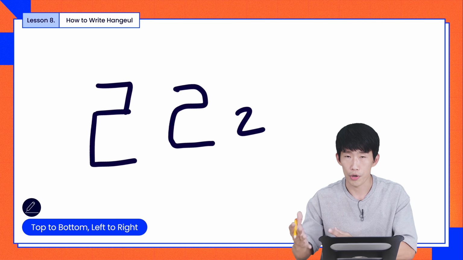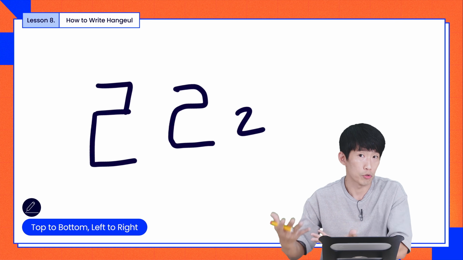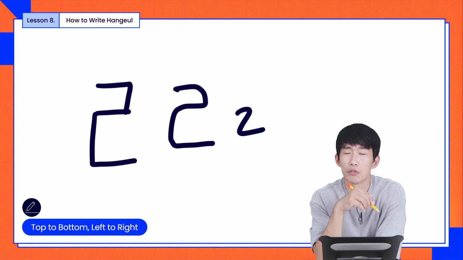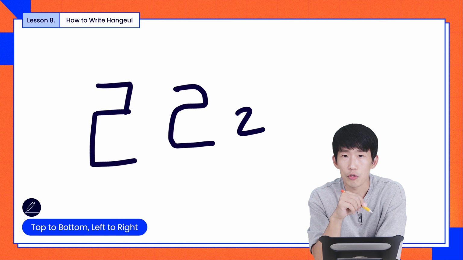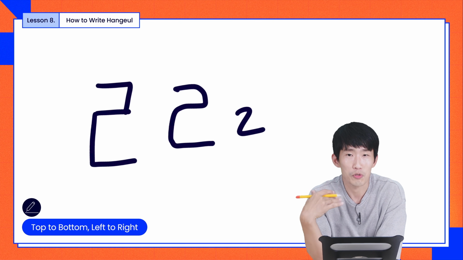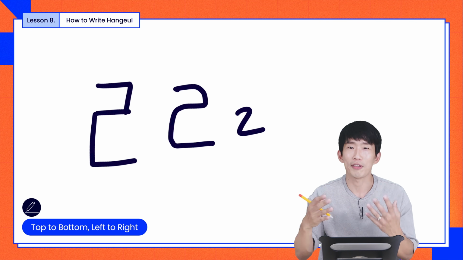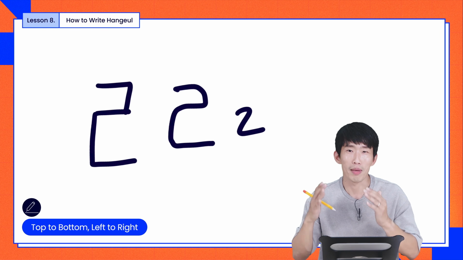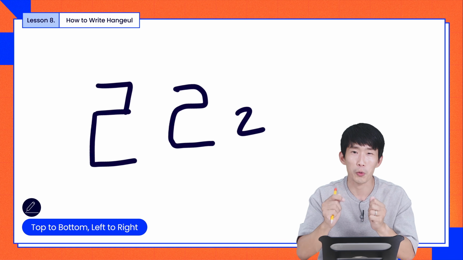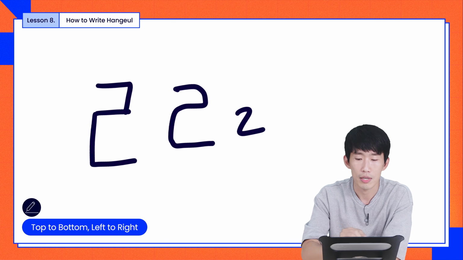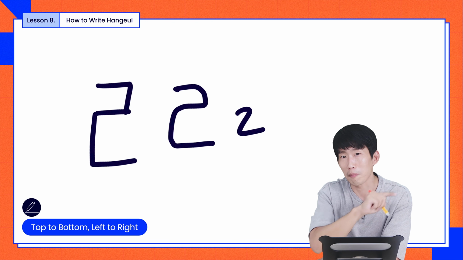There are stroke orders that textbooks introduce and teach, but in real life handwriting situations, you just write in whichever way suits you, and that's fine, okay? If you are going to enter a professional calligraphy contest, maybe you need to pay close attention to the stroke orders, but in everyday situations, anything is fine. Just remember top to bottom, left to right.